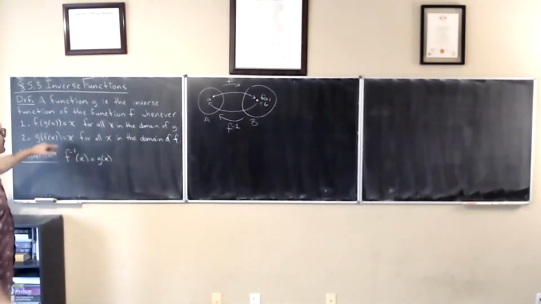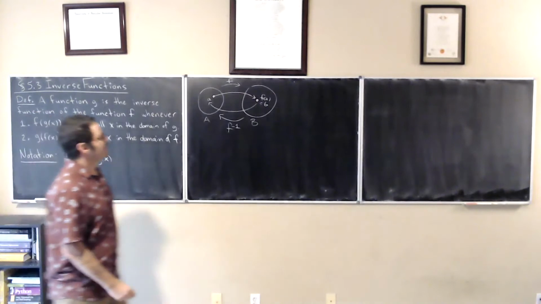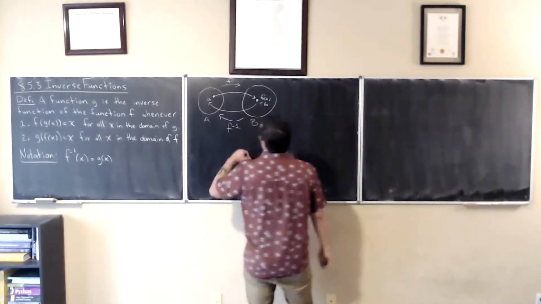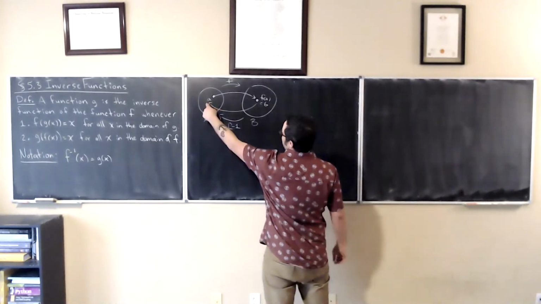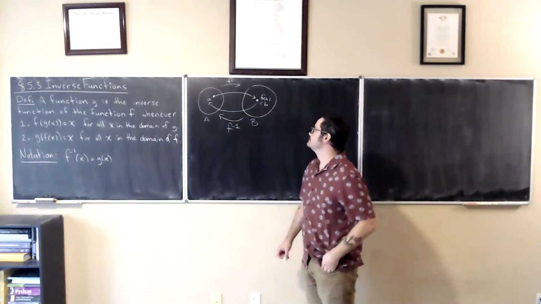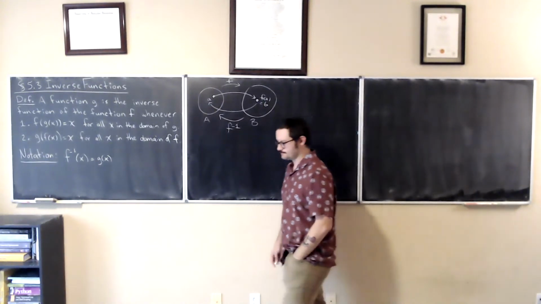And you can see that from the definition, right? f inverse of f of a better equal a. f of f inverse of b would be b, right?